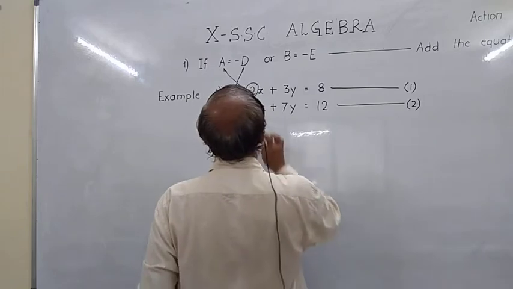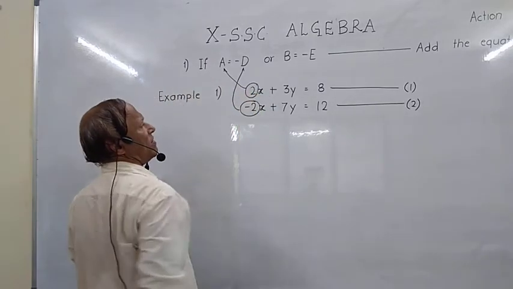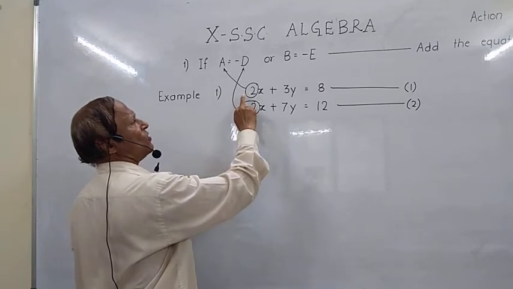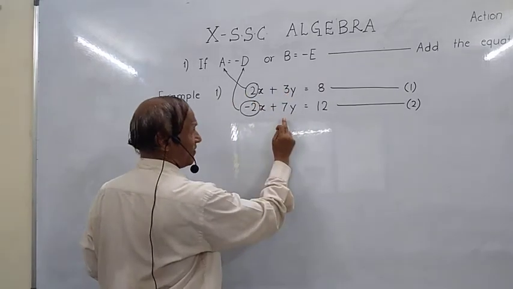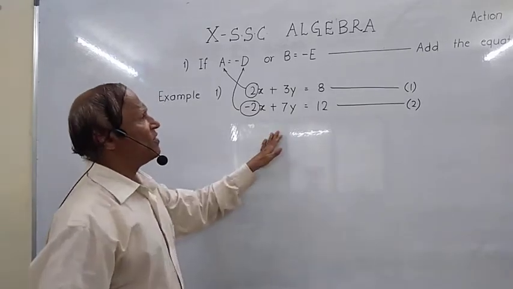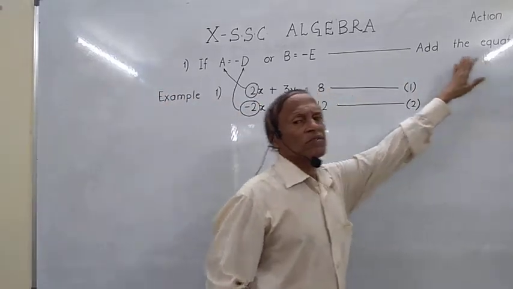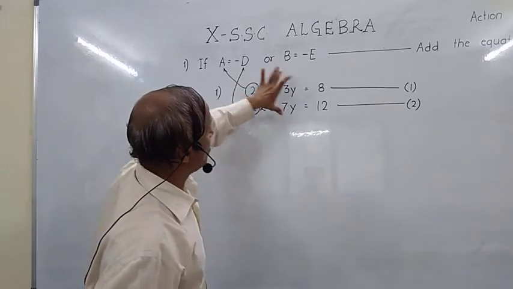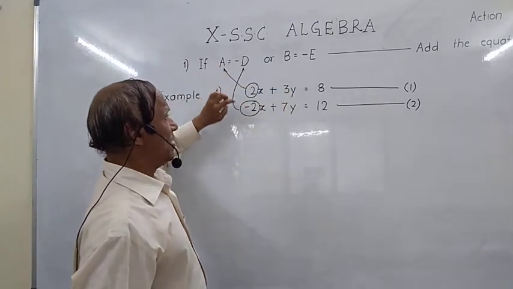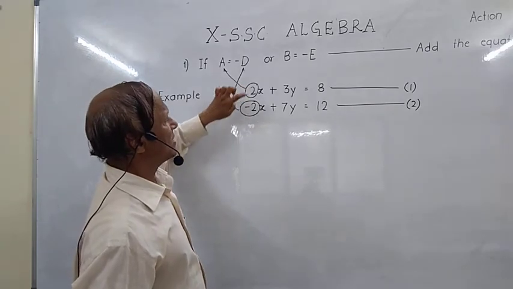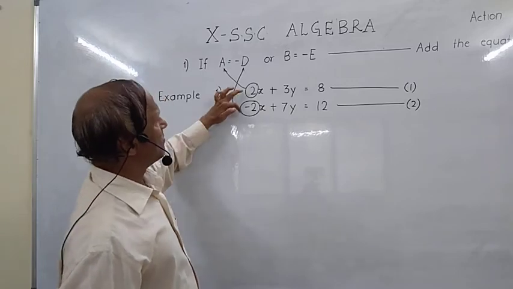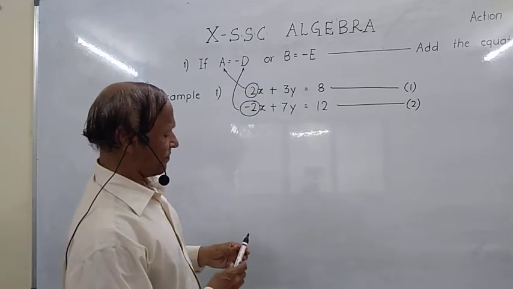Sometimes these may not have the same numbers and opposite signs. In that case, you can go over here and see whether the numbers are the same and signs are opposite. Even then, you have to take the same action. So either look here or look here. The numbers must be the same and signs must be opposite. Minus sign can be above, plus sign can be below, but they have to be opposite. Same is the case over here.